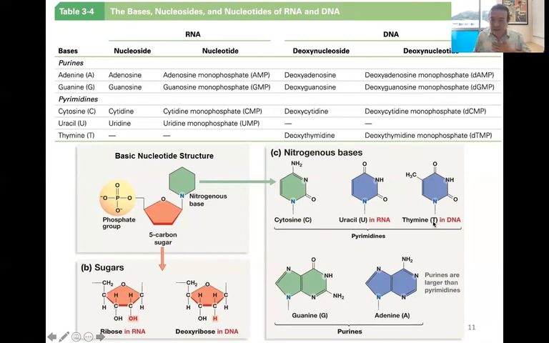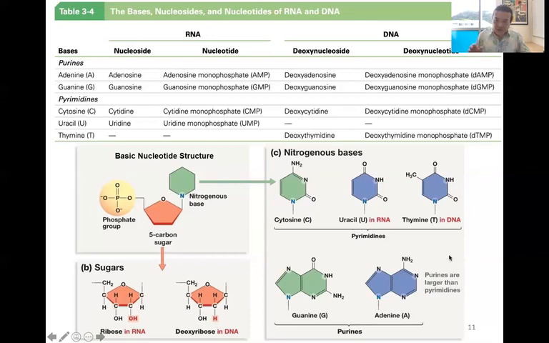That's the T. Whereas if we're talking about RNA, instead of a T, it uses uracil. And you can really see how similar the uracil is to the thymine. The difference mainly is the thymine has a methyl group attached there. The other 2 nitrogenous bases are the purines, so adenine and guanine.